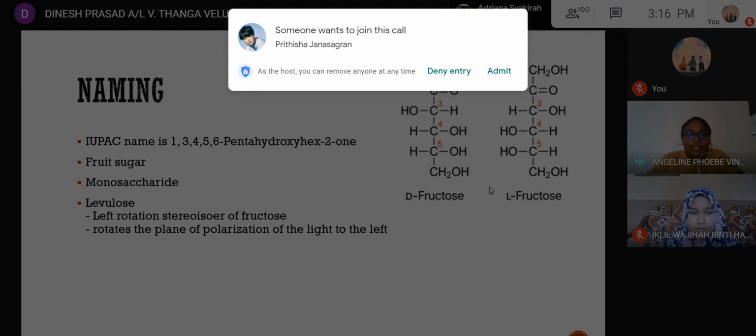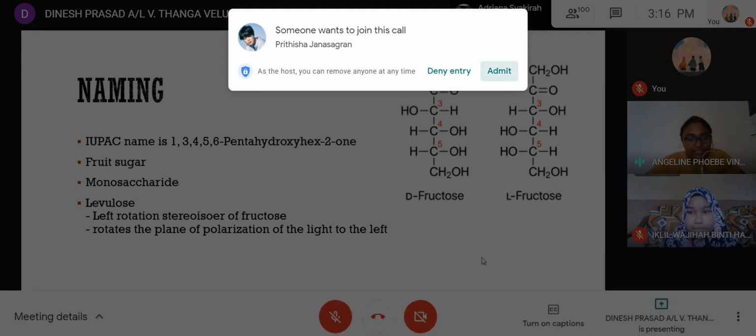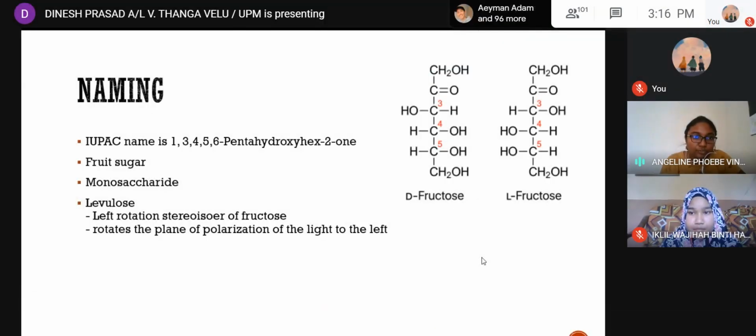Secondly, you can name it fruit sugar because, as Iqlil said just now, you can find an abundance of fructose in fruits. And it is a monosaccharide. And the last is levulose. Levulose is another name for fructose because it is the left-rotating stereoisomer, and it rotates the plane of polarization of light to the left. So that's about the naming.